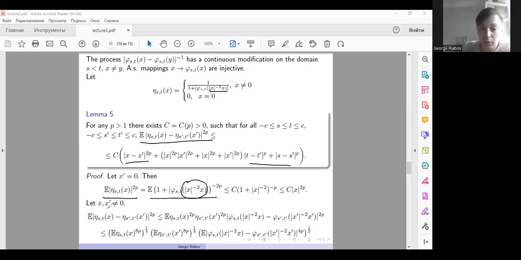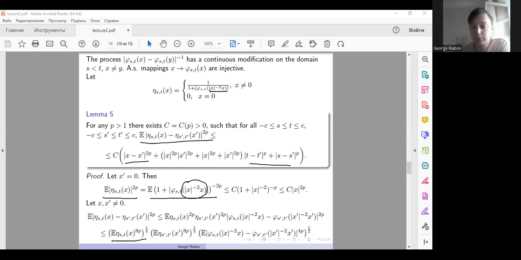And the increment of eta is estimated similarly to lemma 4. So first we do some simple transformation, then use the Holder inequality.